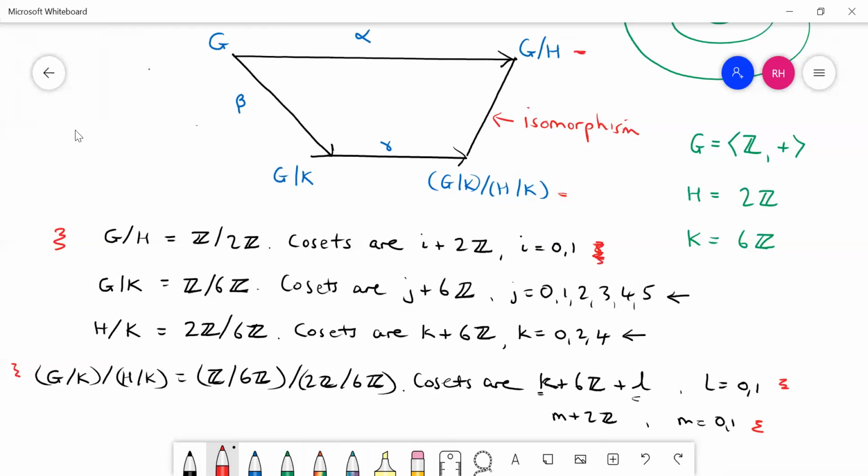All that happened is I've just changed M to an I. So I think that makes it clear.